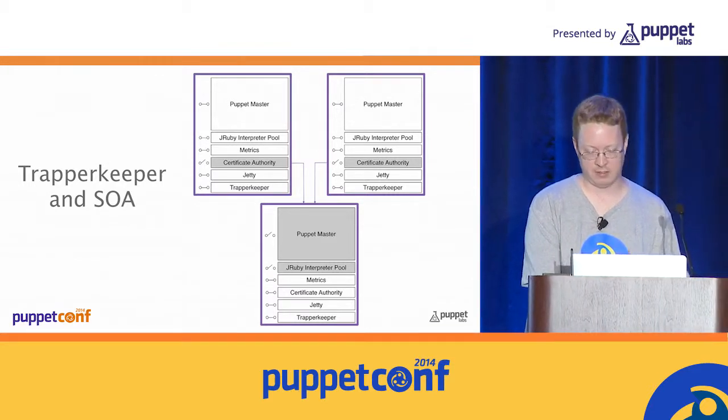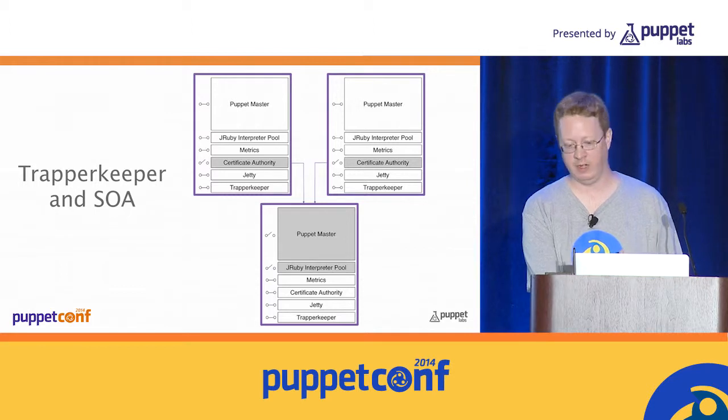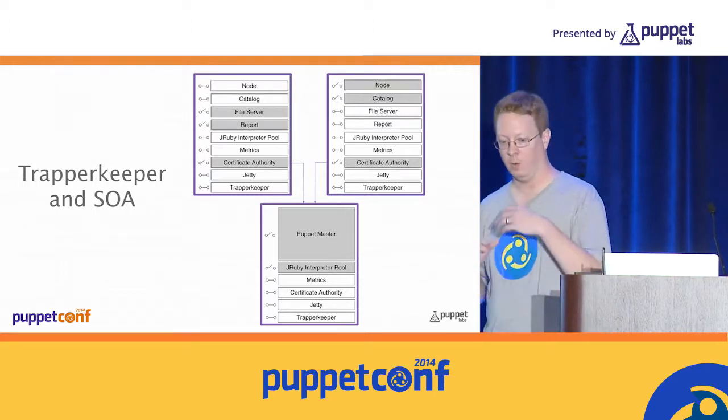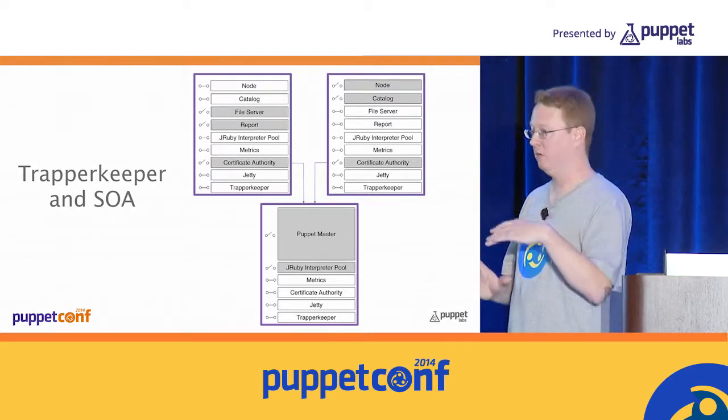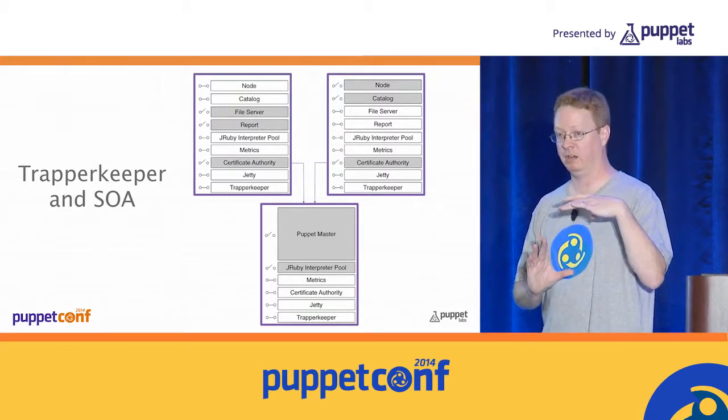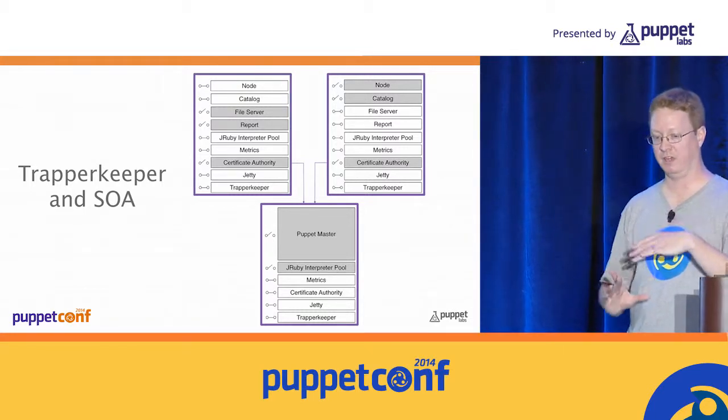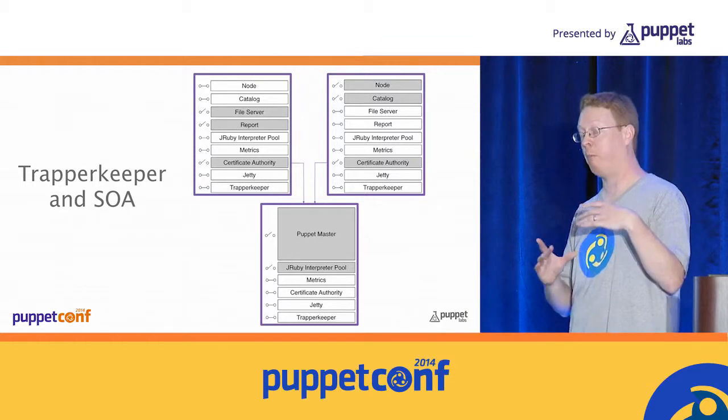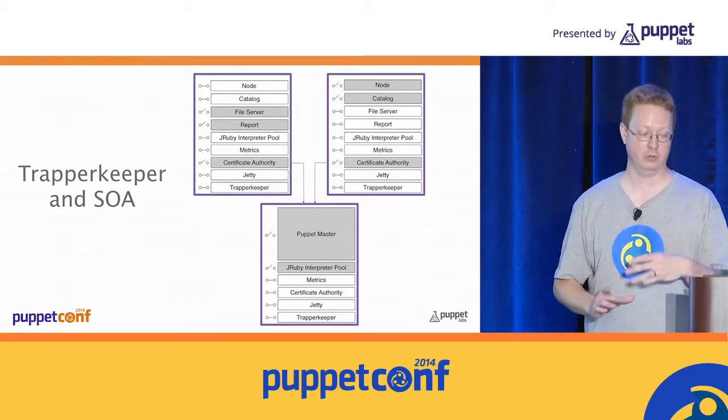And it's a step forward towards what we want to do in the next couple of releases, which is we want to break up that master service from that big monolithic thing that I had on the previous slide into a set of smaller, more modular, more composable services.